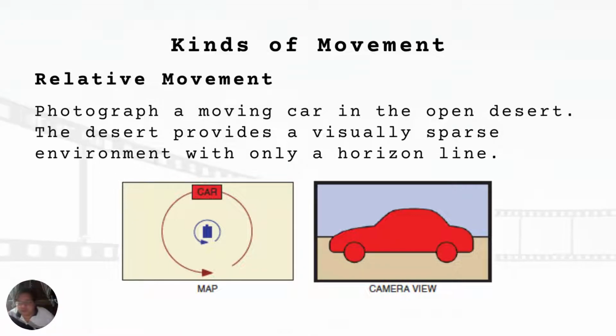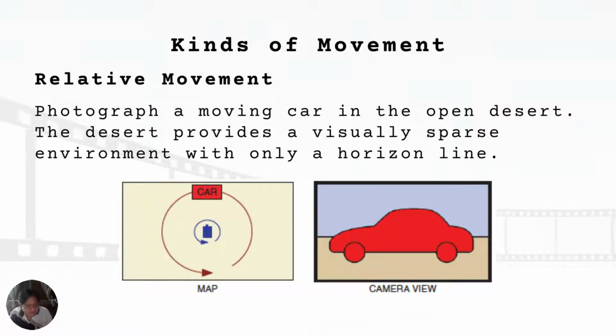Now, the car map shows that the car will drive in circles around the camera, and the camera will pan with the car, keeping it centered in the frame. Now, the result will be that the car appears stationary in relation to the frame.